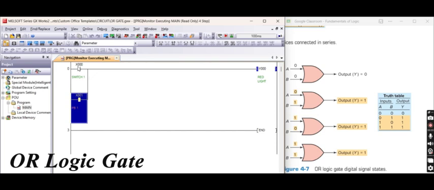If our input A is 1 and input B is 0, our output is energized. If our input A is 1 and our input B is also 1, our output is still energized. That concludes that for OR logic gate, the output is energized as long as at least one of the inputs is 1.